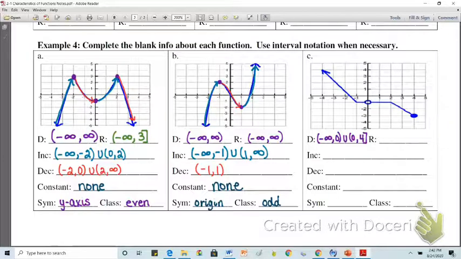For my range, it starts down at -3. And it goes on forever. Now, even though there is a hole at -1, there are many other points on this graph where -1 exists. So there really isn't a hole in our range because there are some range values that have -1 as their y value.